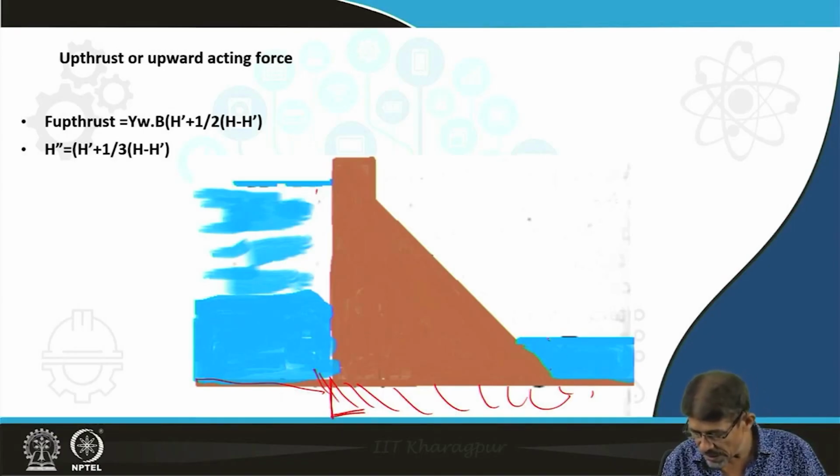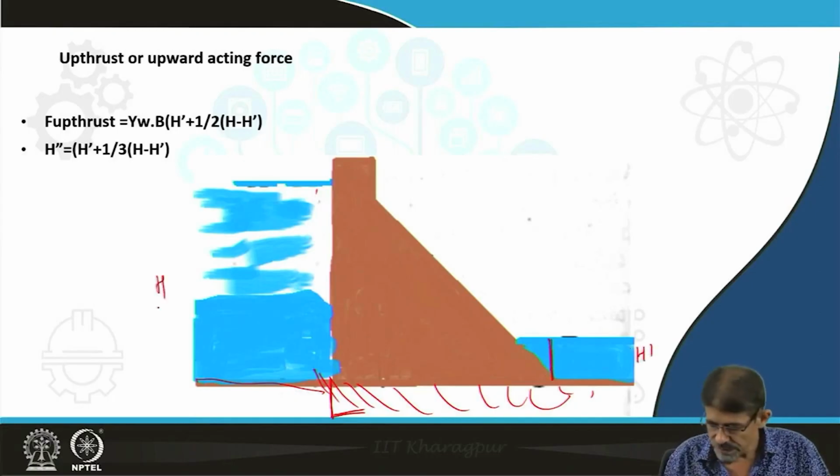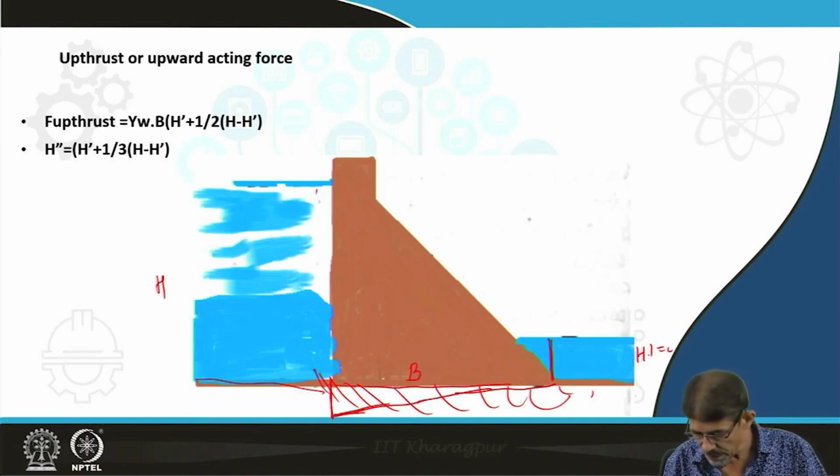If the depth of water H dash is 0, then the pressure diagram or force diagram is like this, where B is the base width. If H dash is considerable, then the pressure diagram or force diagram is like this.